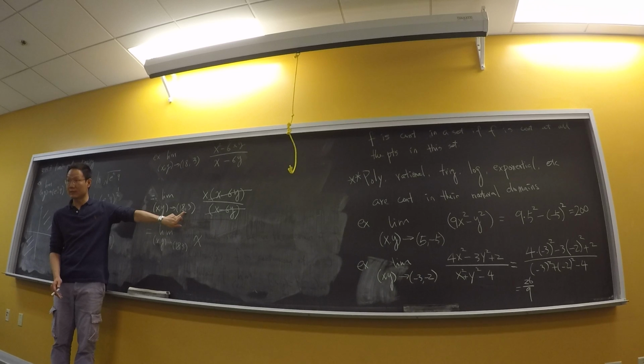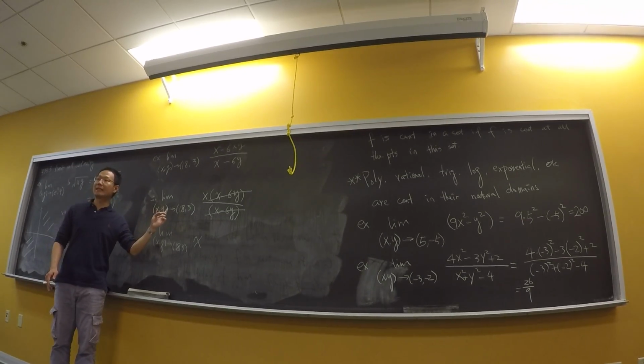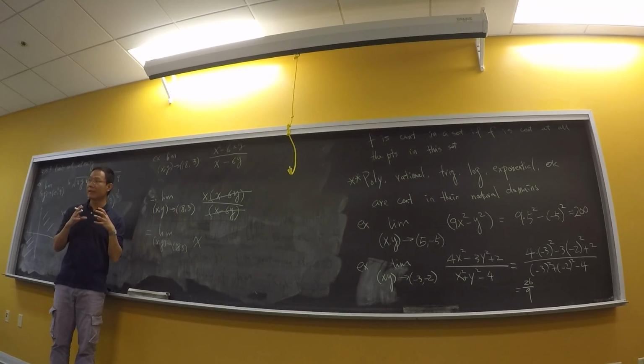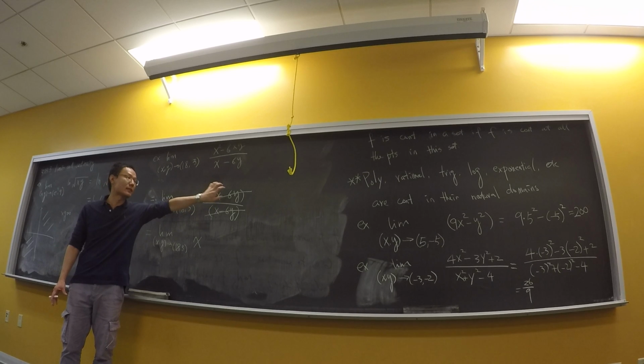But throughout the whole process, I never require this xy to be exactly equal to this number, so this point is never equal to 18.3, and it is in a small neighborhood of this fixed point. I can make sure this factor is never equal to 0.